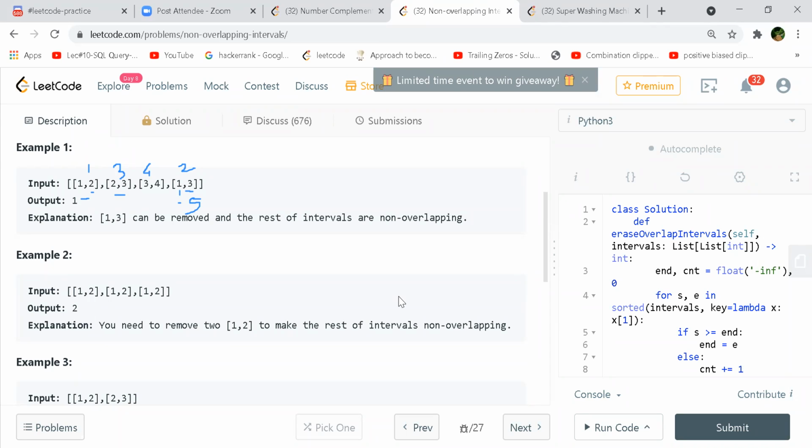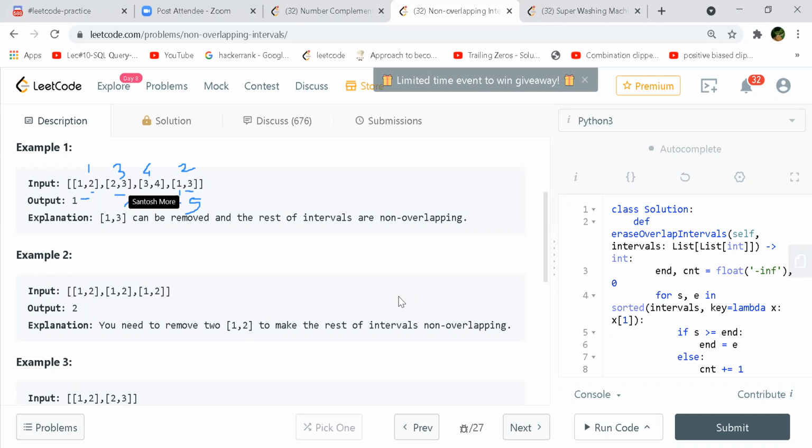So this will be 1. You will compare it with the end of the first one, which is 2, and this will be at the last position in this case, right? So 1 will be compared with 2. This is surely an overlap because 2 is greater than 1. Then we go for the second, which will be 3 in that case. 3 is greater than 1, so that is also one overlap.